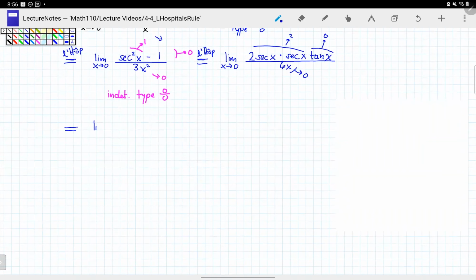So this is equal to the limit as x goes to 0 of, and let me pull out the 2 and the 6. So 2 divided by 6 is the same thing as 1/3. So 1/3 secant squared x times the limit as x goes to 0 of tangent of x divided by x.